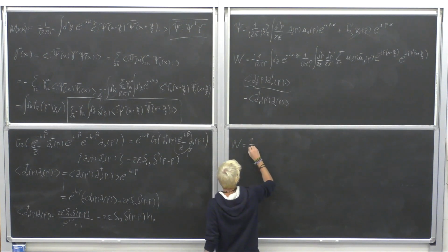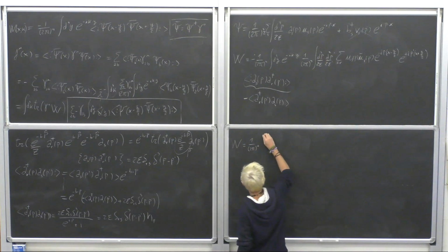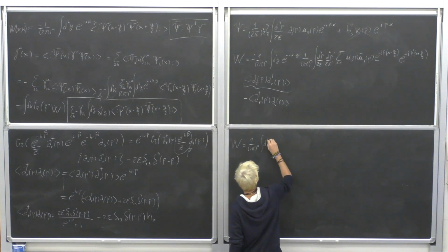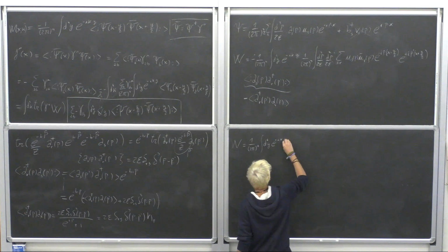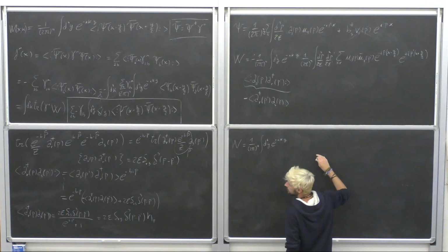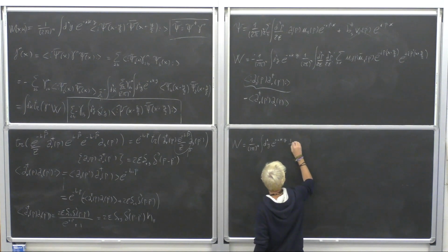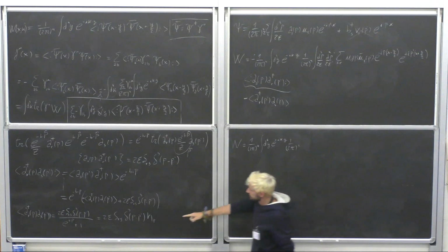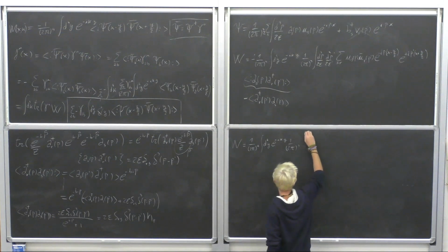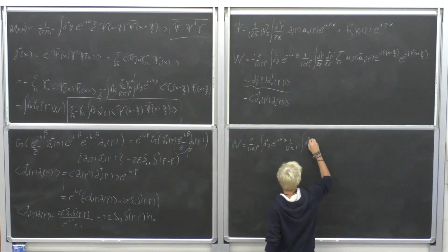So we have 1 over 2 pi to the 4, then the integral d4y. Very nice. So this 1 over 2. Now I integrate out p prime using this delta function. d3p over 4 epsilon squared.